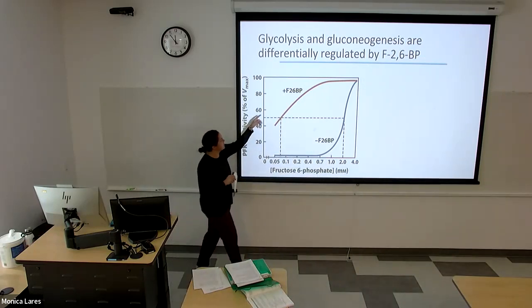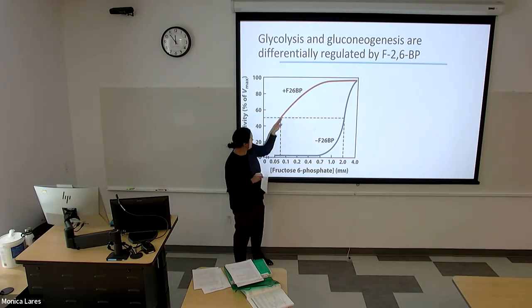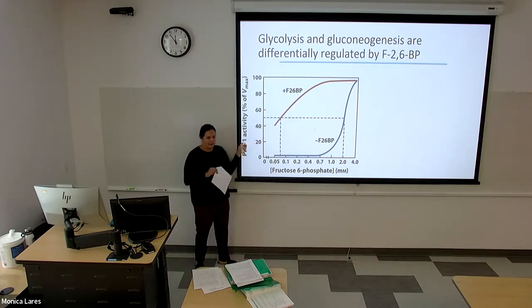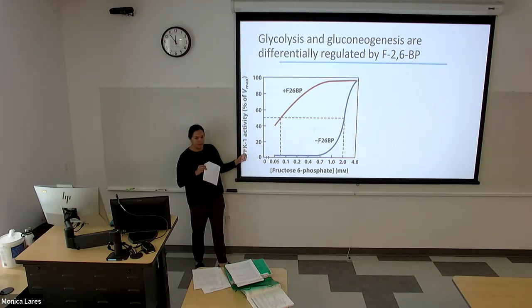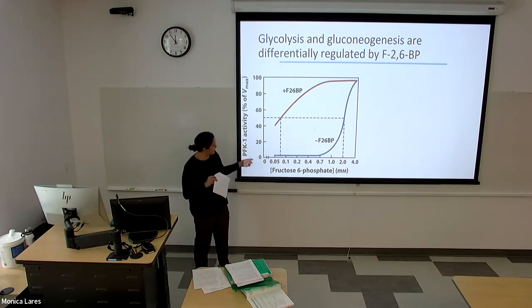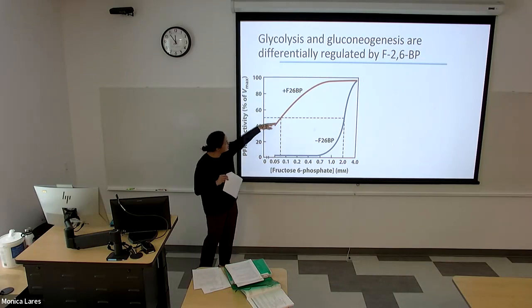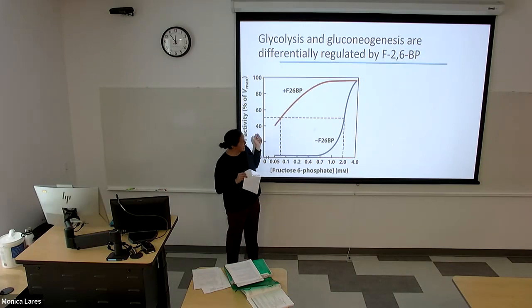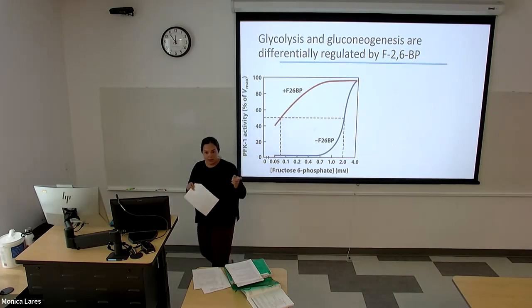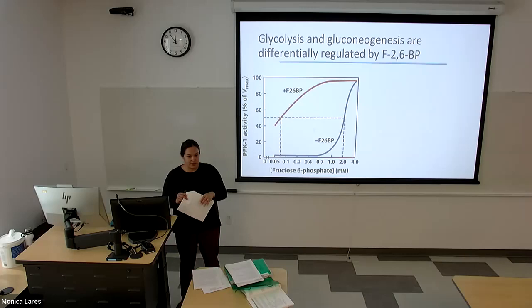Do you see that fructose 2,6-bisphosphate activated PFK1? Maybe you're like, no, I don't see it on this graph. Remember, this is enzyme activity. So if fructose 2,6-bisphosphate is activating PFK1, what do you think it does to FBPase1?